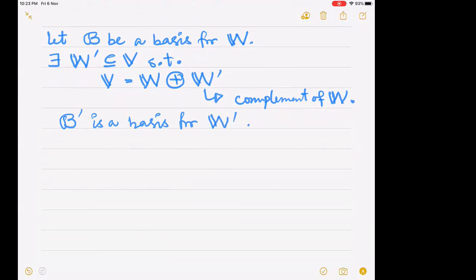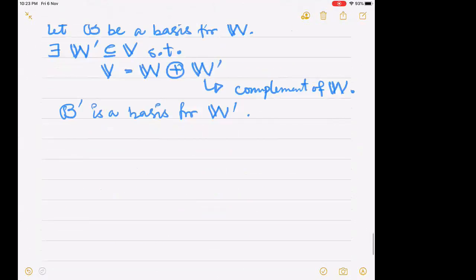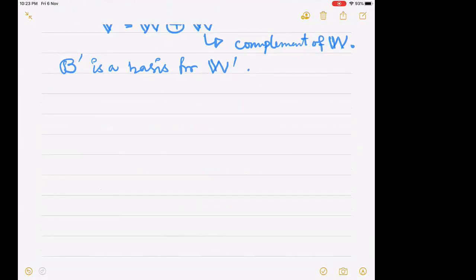We have assumed that W is A invariant. So now this extension of basis means that this set, B union B prime, must be a basis for all of V.